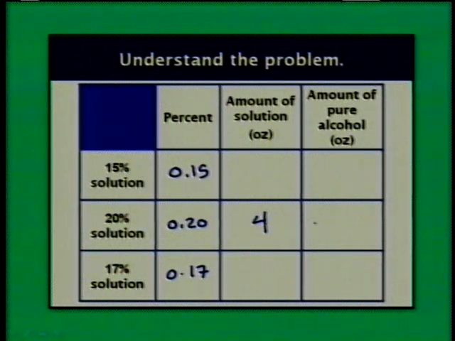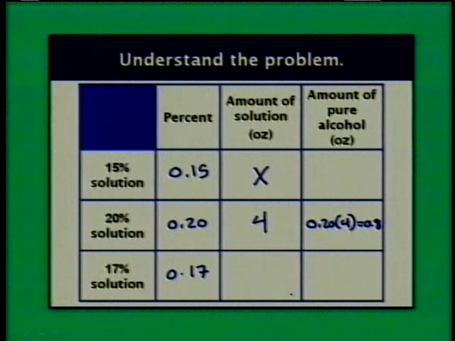So if I find 20% of 4 ounces, that will tell me the amount of pure alcohol in the 20% solution. And that is 0.8. So we have 0.8 of an ounce of pure alcohol in the 20% solution. What we don't know is how much of the 15% solution he needs to mix with the 20% solution. So I'm just going to call that X because that's my unknown.